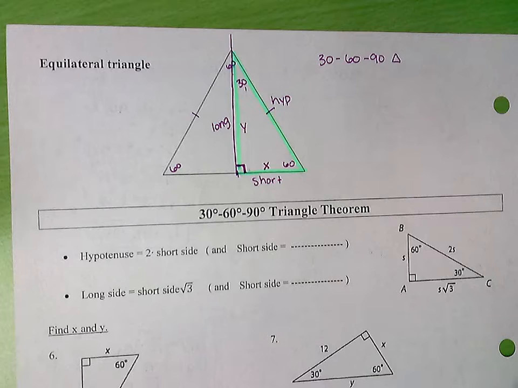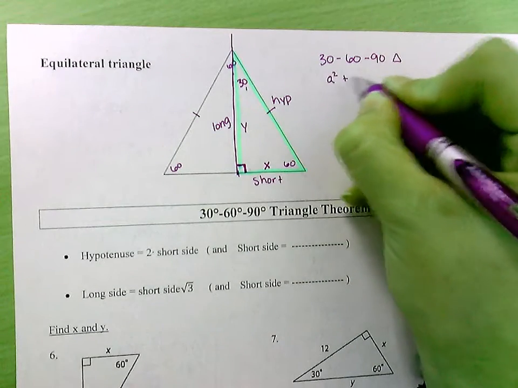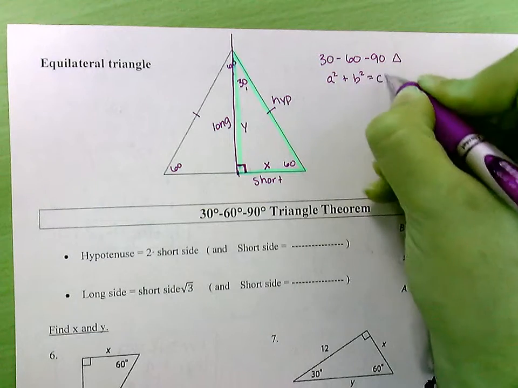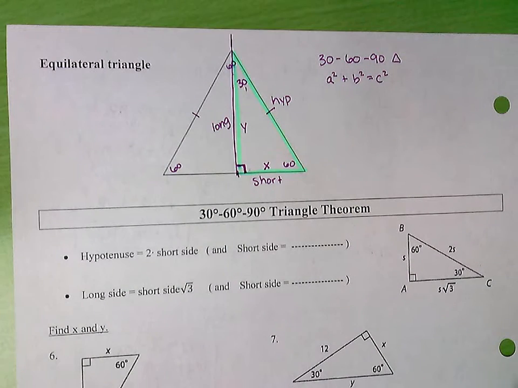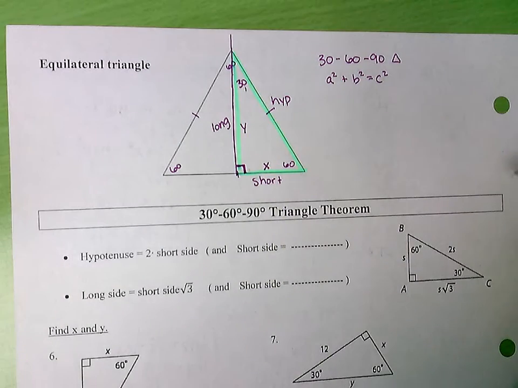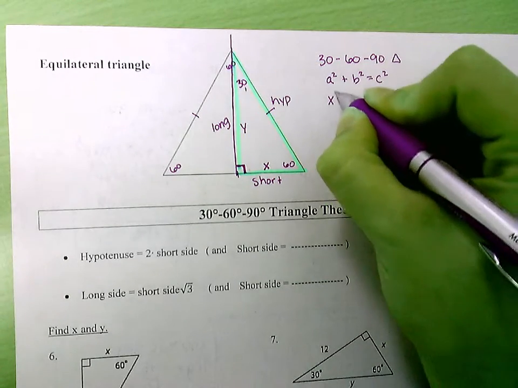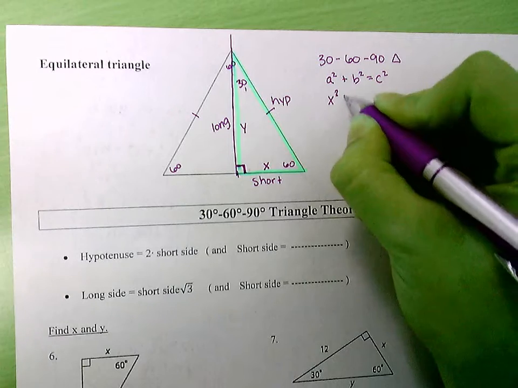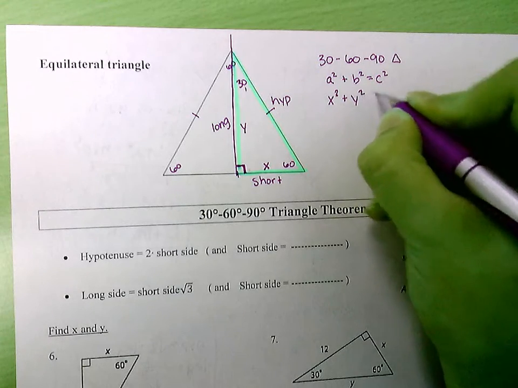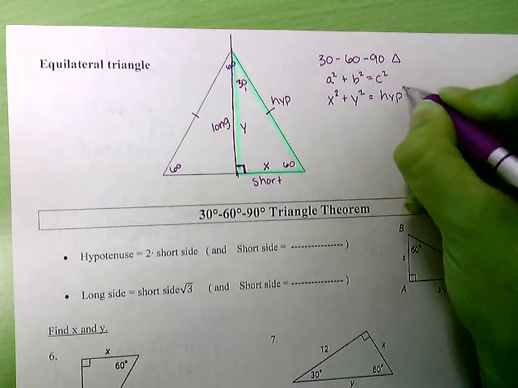Again, I'm going to use the Pythagorean theorem. So we're using a squared plus b squared equals c squared. Okay, for now I'm going to plug in what I know. So a and b are your short and long sides. I labeled my short side as x and my long side is y. And c is going to be your hypotenuse.